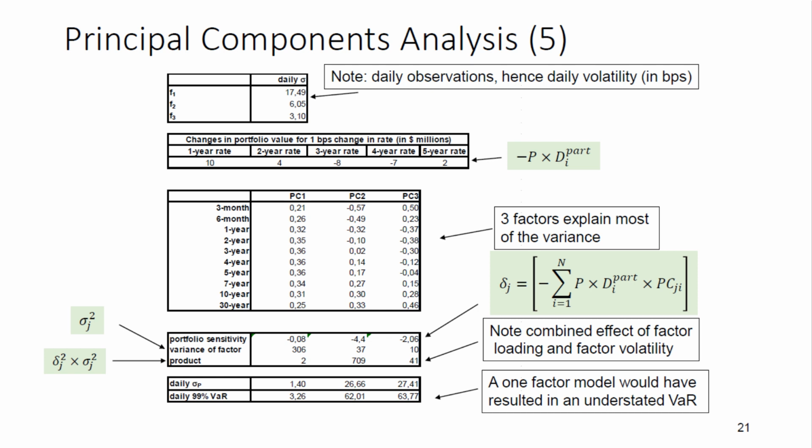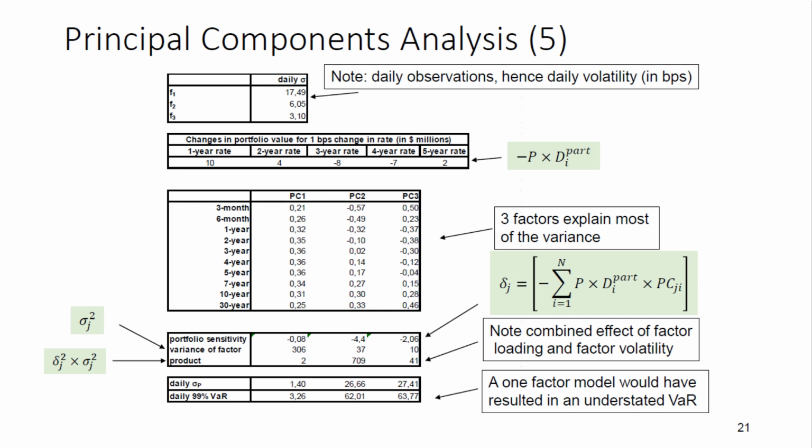And what I need to do now is rewrite the partial duration model, where the yield is the underlying factor, in a model where the factors of the principal component model are the underlying risk drivers, and I need to define these alternative risk sensitivities, which we have denoted with the deltas. So I need to look at the relevant points on the yield curve, 1 year, 2 year, 3 year, 4 year, and 5 year rates, because that's where my portfolio is sensitive, which I see from the second table.